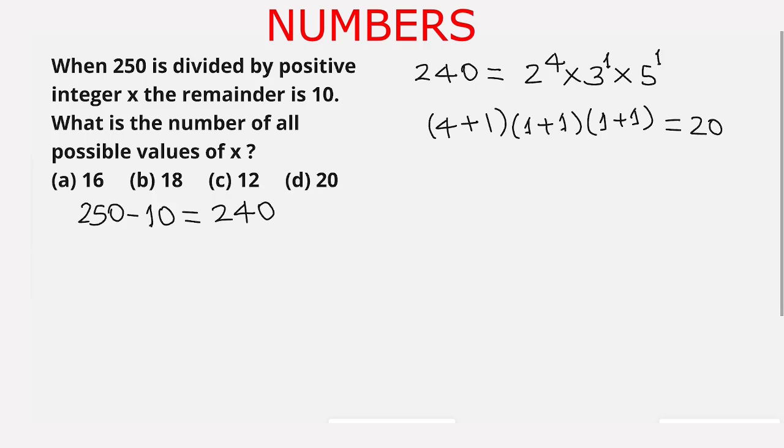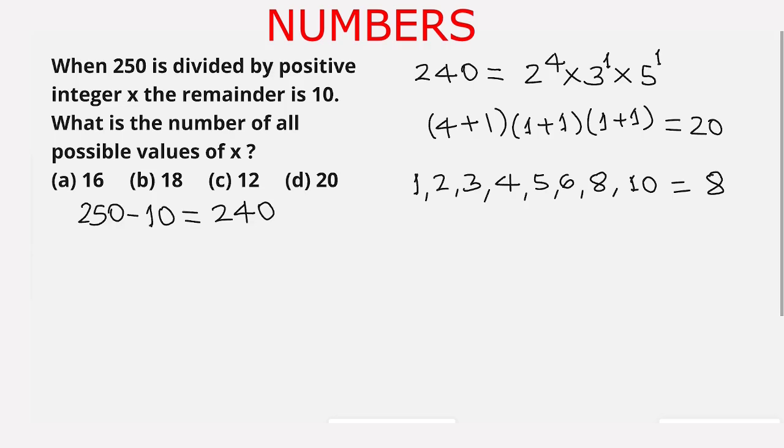Now, as x is greater than 10, we have to take out all those factors which have a value less than 10 from 20. Those numbers are 1, 2, 3, 4, 5, 6, 8 and 10. These are a total of 8 factors which have a value less than or equal to 10.